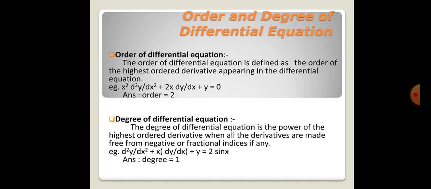It is a differential equation. Then the question is what is the order of this equation? Answer is order is equal to 2. But why is the order equal to 2? Because the highest order derivative is of order 2. Therefore, order of this differential equation is 2.